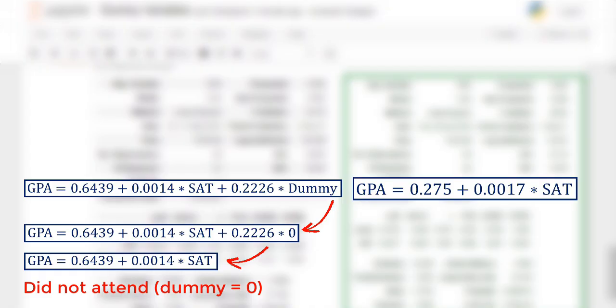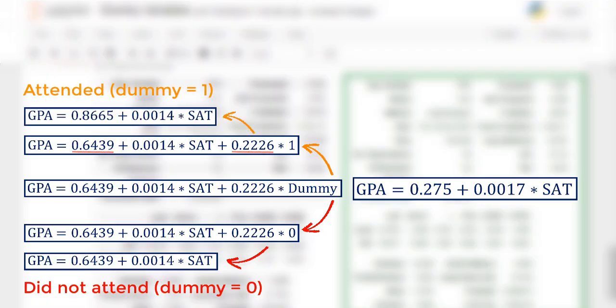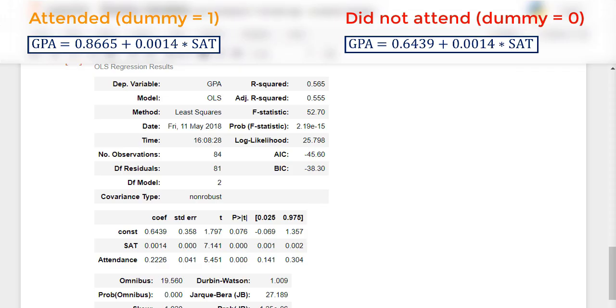If the student attended, the dummy will be 1, so the model becomes GPA equals 0.6439 plus 0.0014 times SAT plus 0.2226. Let's add the intercept and the dummy together. We get GPA equals 0.8665 plus 0.0014 times SAT. I will plot the data.